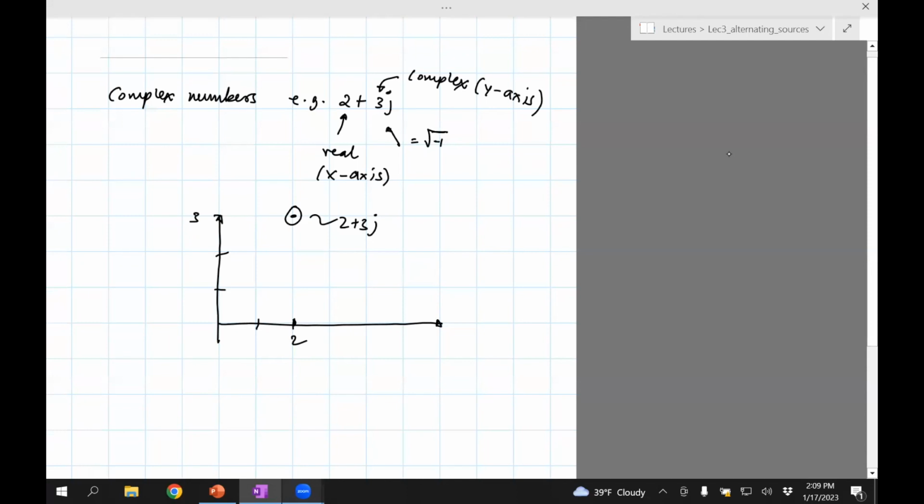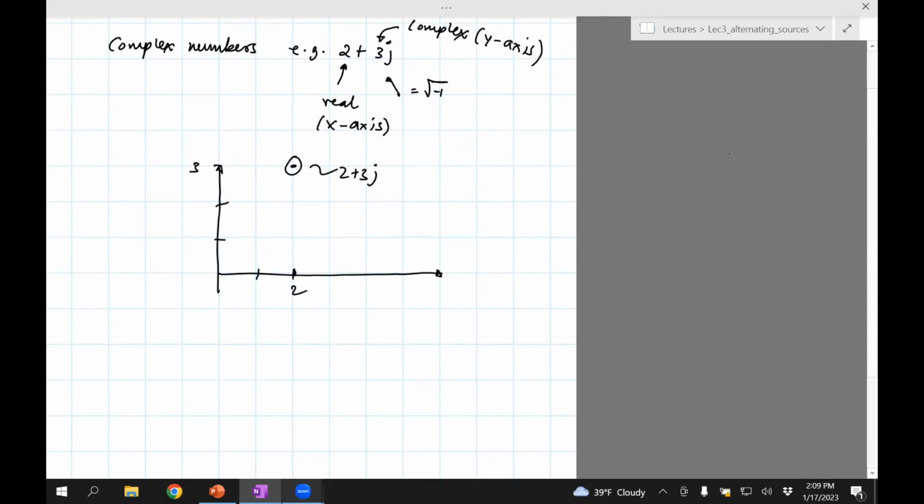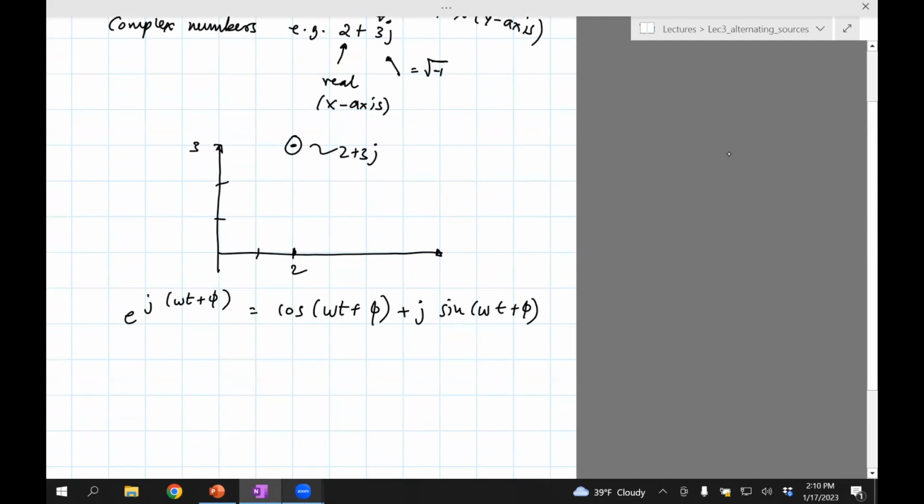So we can take this idea of complex numbers to alternating current because it has a phase and it has a magnitude. So we will use this notation. e raised to j(ωt + φ) is basically one way of writing complex numbers. This is also cos(ωt + φ) + j sin(ωt + φ).